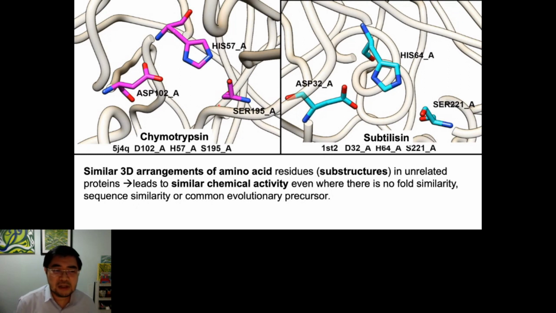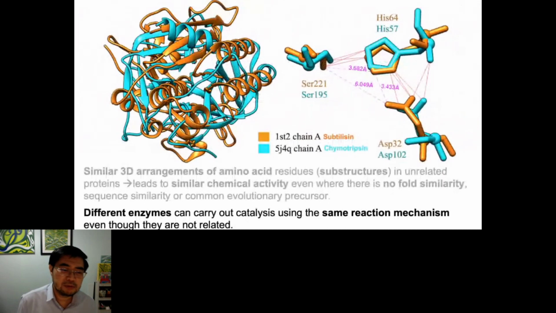And clearly the arrangement of the residues involved in this catalytic triad is similar, where you've got the aspartic acid, histidine and serine, and the same arrangement is happening in subtilisin. And yet there is no full similarity between these two proteins. So it's clear that different enzymes can carry out catalysis using the same reaction mechanism, even though they are not related.